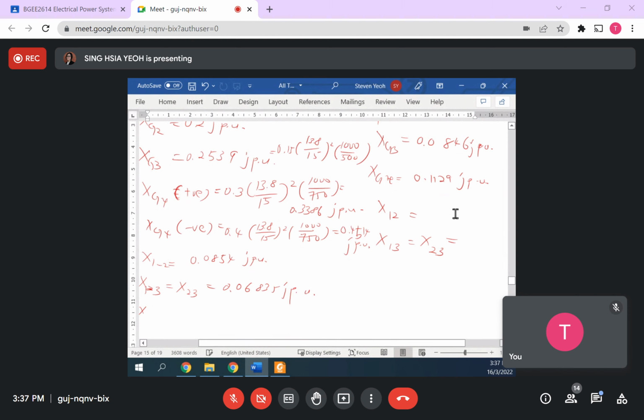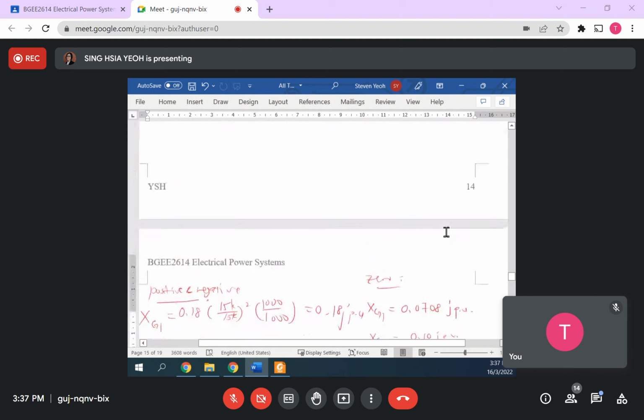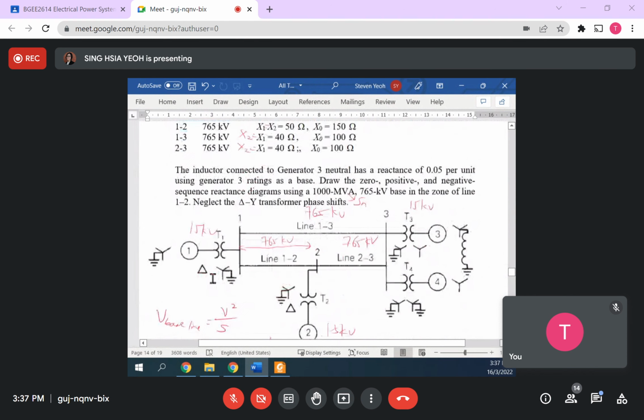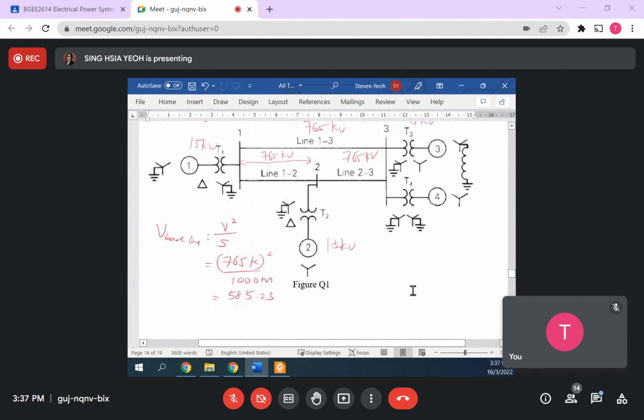Then we go to the zero sequence. Zero sequence means you have to use 150 and 100 ohms divided by this 585.23.